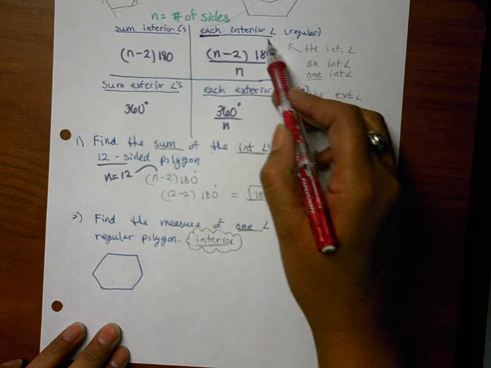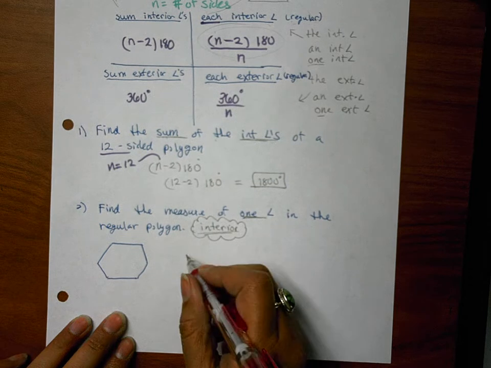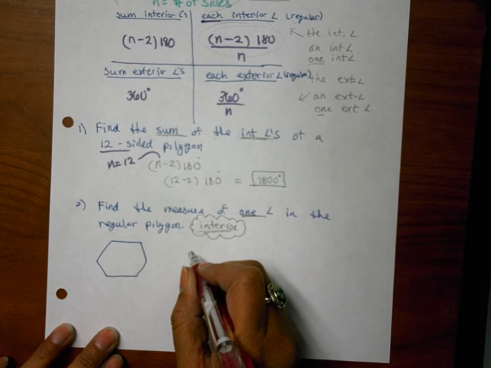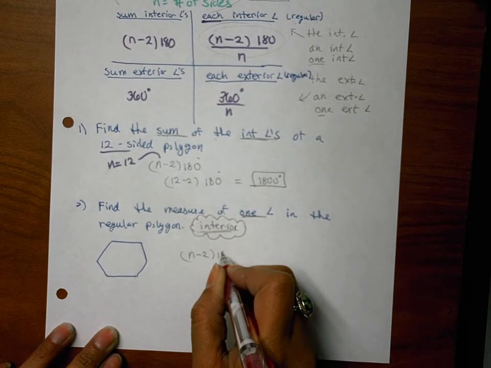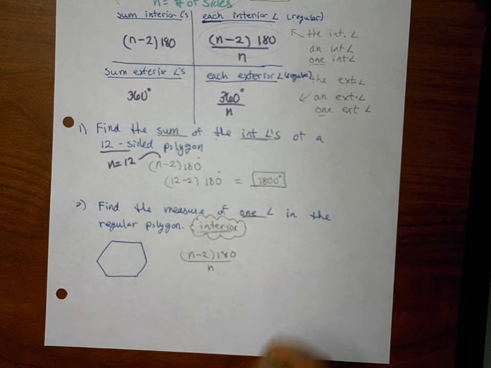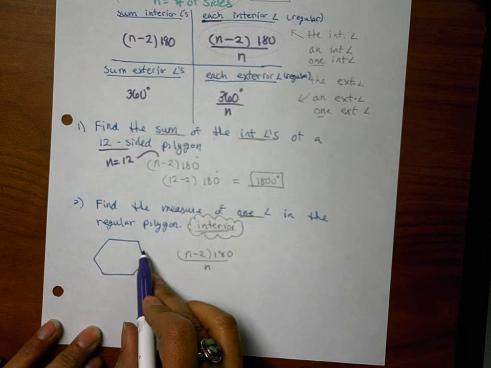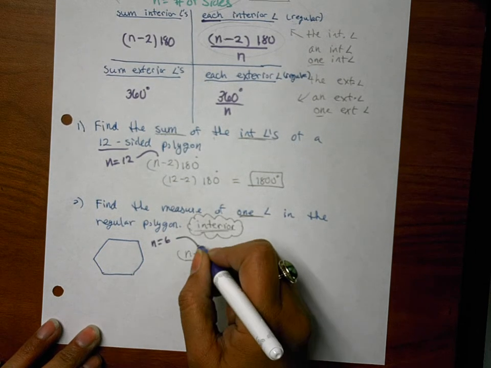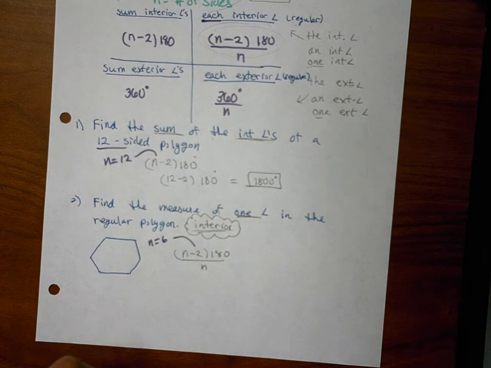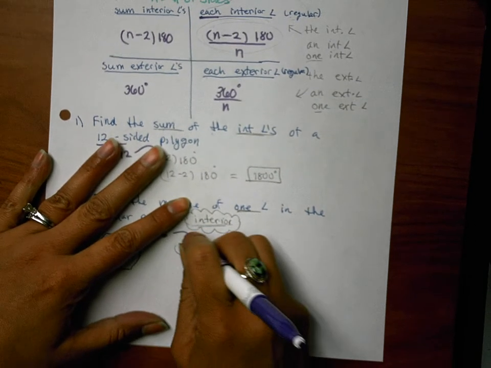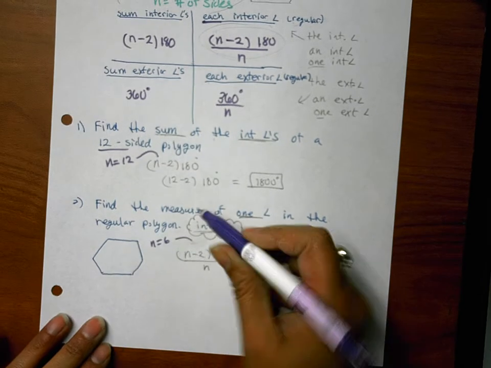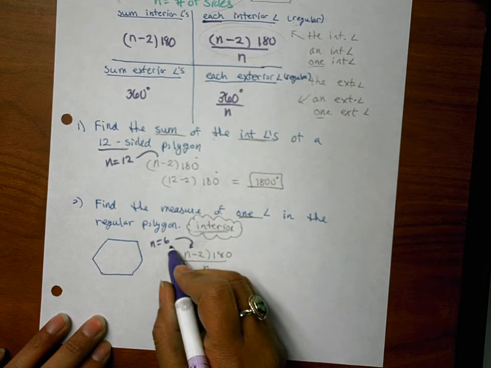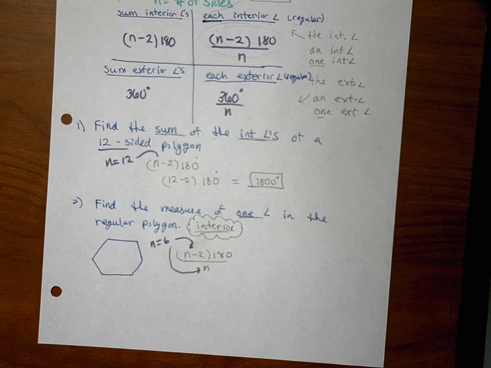One interior, that's this formula right there. So n minus 2 times 180 divided by n. And how many sides do we have here? 1, 2, 3, 4, 5, 6. N equals 6, and you plug it in to both the numerator and the denominator.